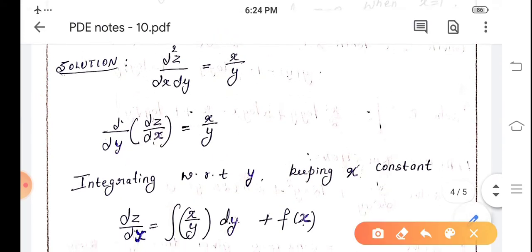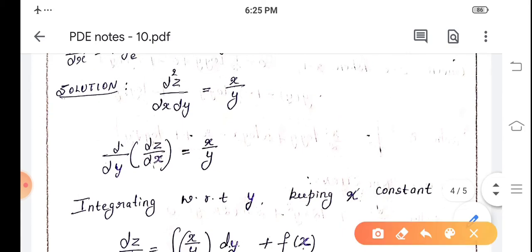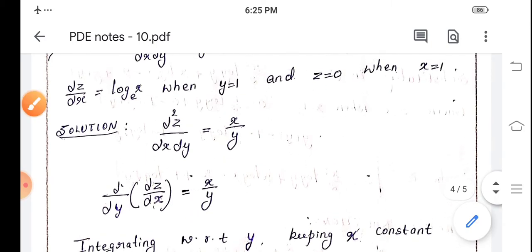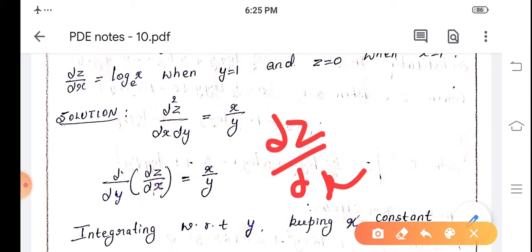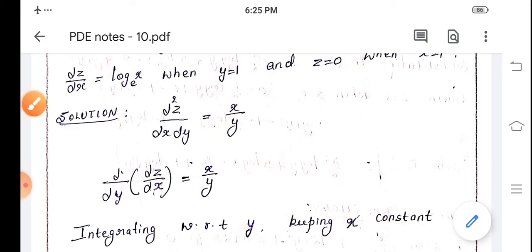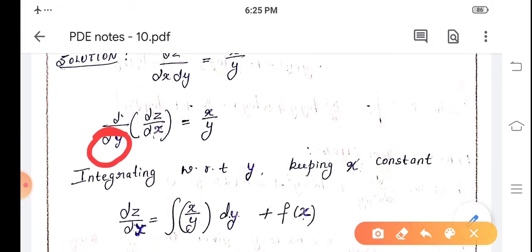So for that, we take the equation as ∂/∂y of ∂z/∂x. If we take the partial differential equation like this, first we integrate with respect to y, then we can find ∂z/∂x. So later we can use this condition for ∂z/∂x. So I will integrate with respect to y first.